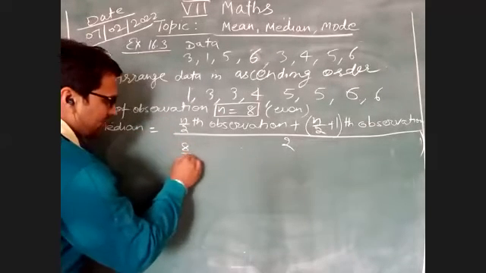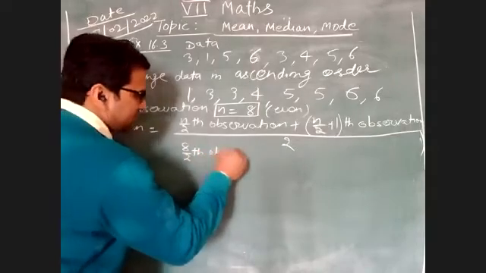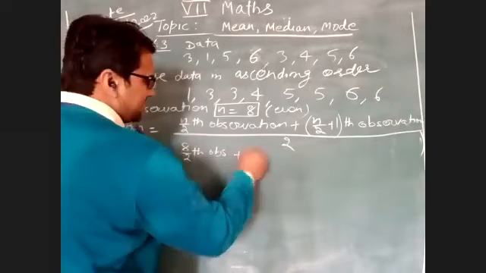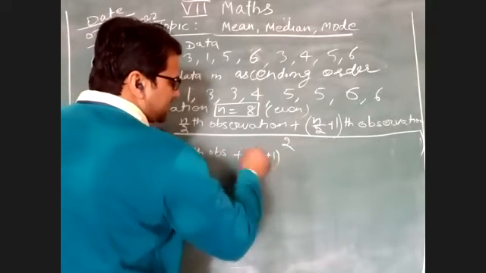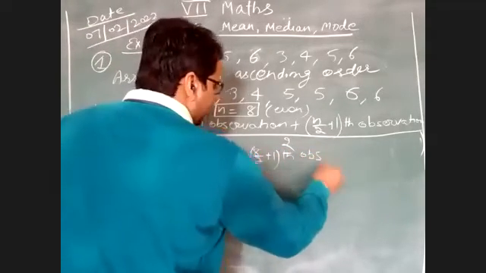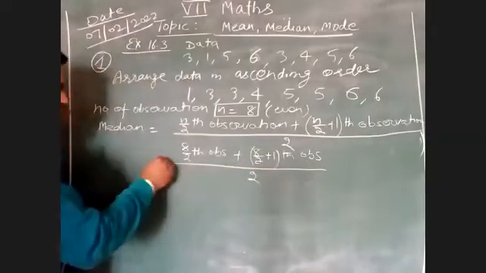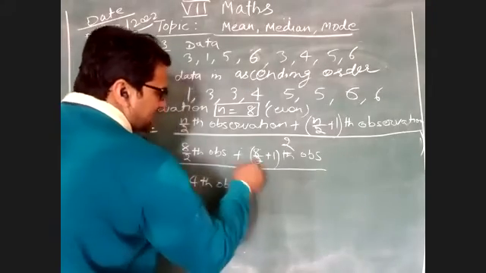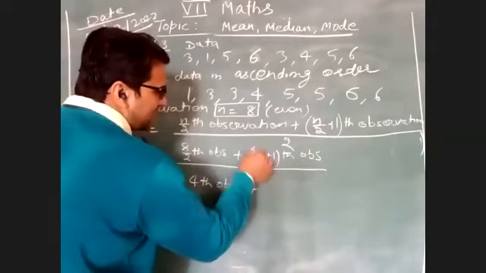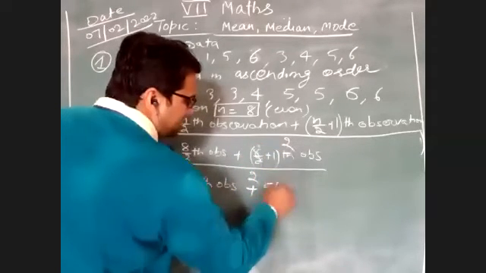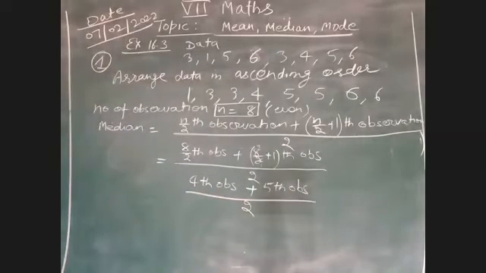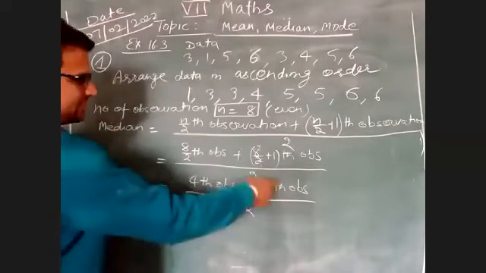N by 2th observation, I'm writing in short form, plus (8 by 2 plus 1)th observation divided by 2. This will become 4th observation plus, after calculating 4 plus 1, 5th observation, and divide by 2. Now this will become 4th observation plus 5th observation.